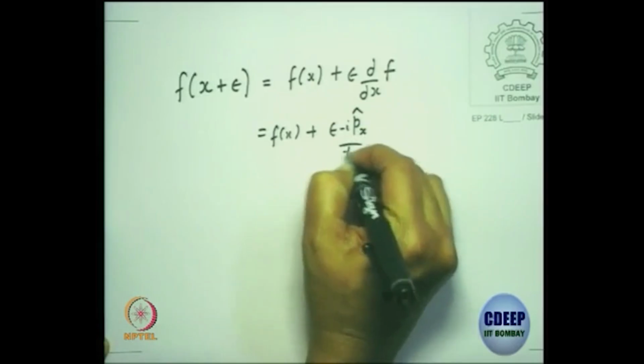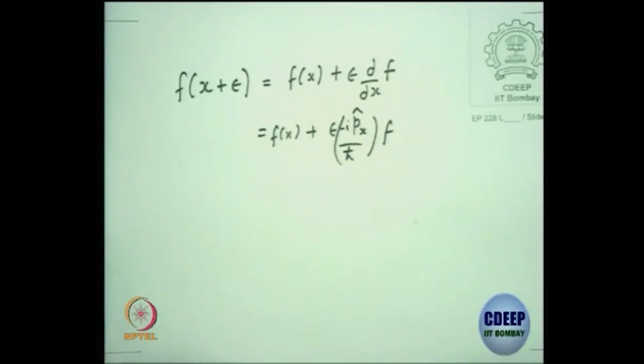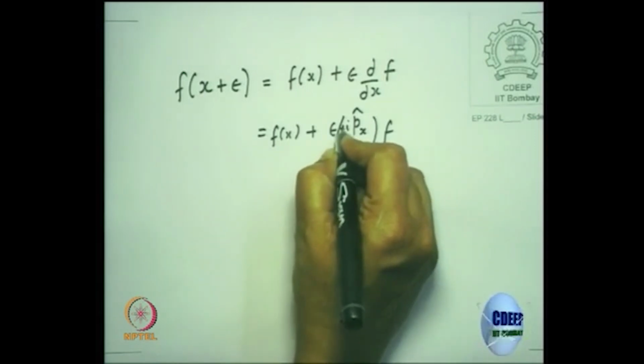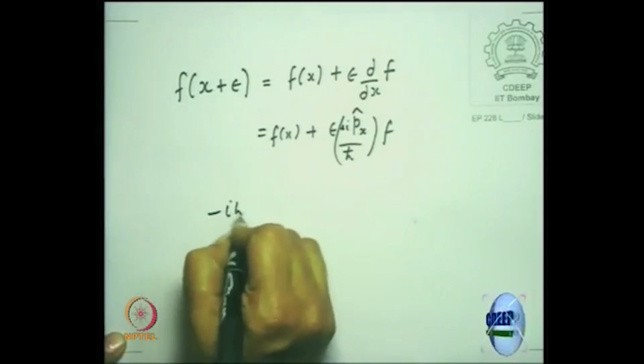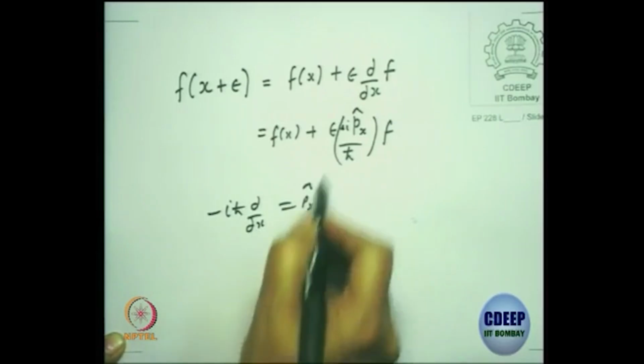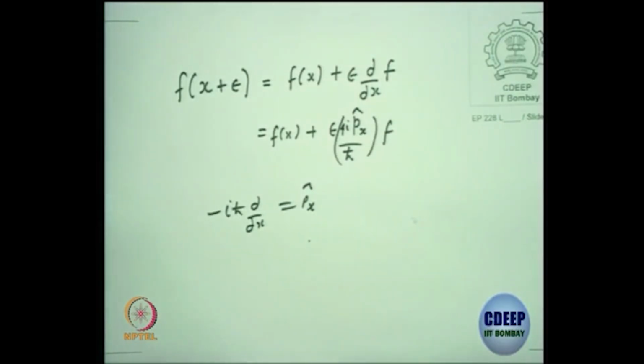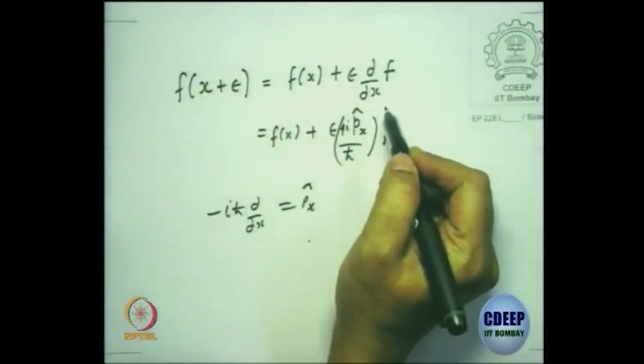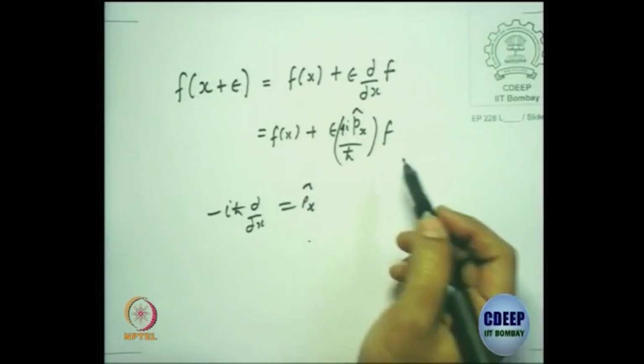Minus i by h cross, can I put? For an infinitesimal one. If it is not infinitesimal, you can continue the series. Yeah, the minus i h cross del by del x is px. So if you want to write del by del x, then you can do this. Good. So for an infinitesimal translation, the corresponding differential operation is del by del x, which can be interpreted as if it is a momentum operator.